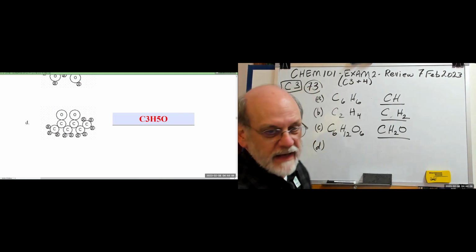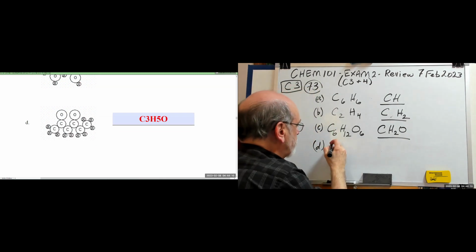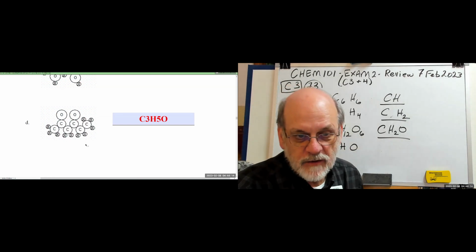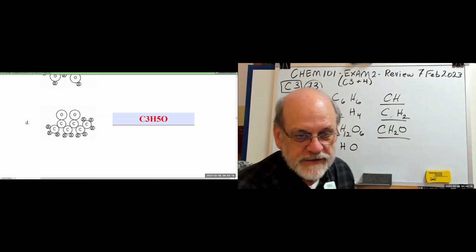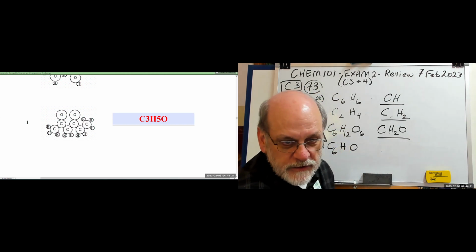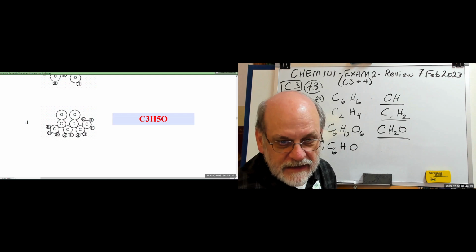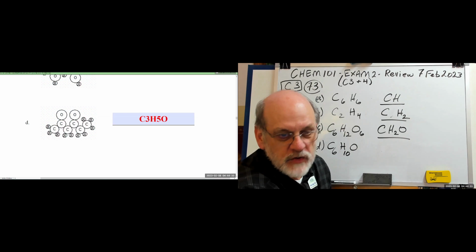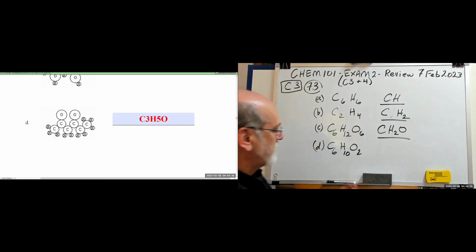That's the empirical formula for C. And this one has carbon, hydrogen, and oxygen also. So its molecular formula has 6 carbons, 10 hydrogens, and 2 oxygens. Okay.